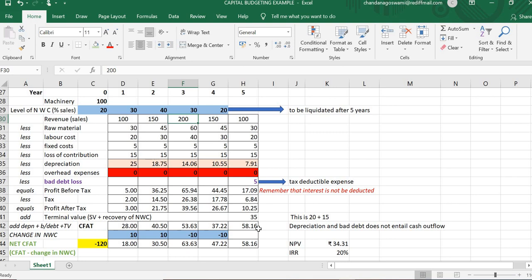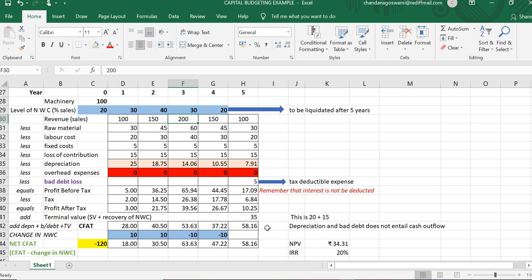And now we will calculate the cash flow after tax. So we know that cash flow after tax is profit after tax plus depreciation. And in the last year, we also have to add the terminal value. But in this case, we are going to add another extra value in the last year. And that is that bad debt which we had subtracted earlier.